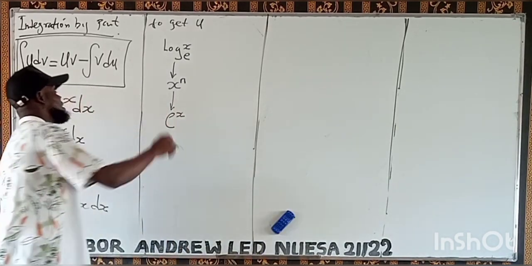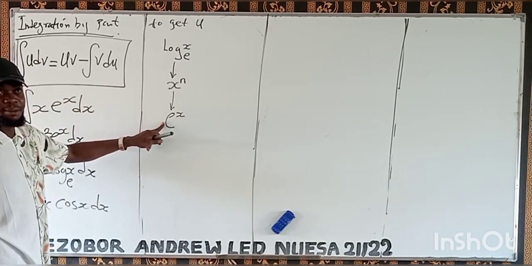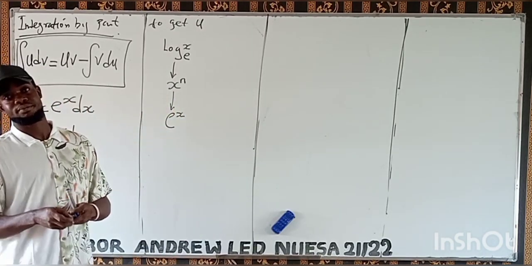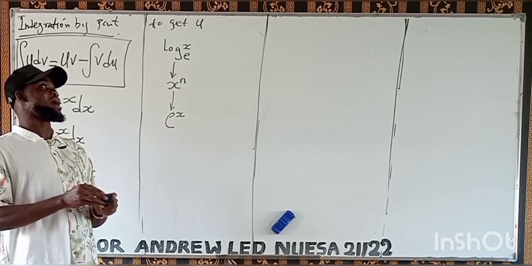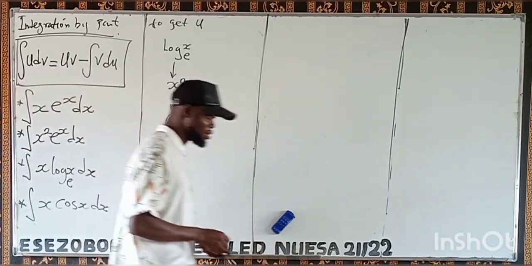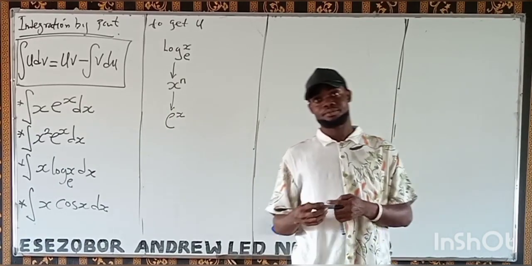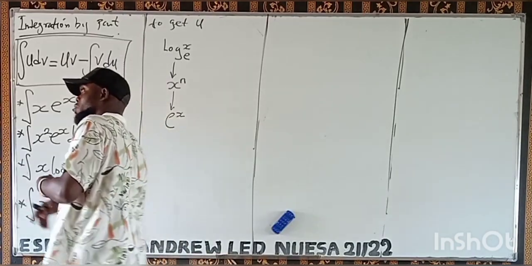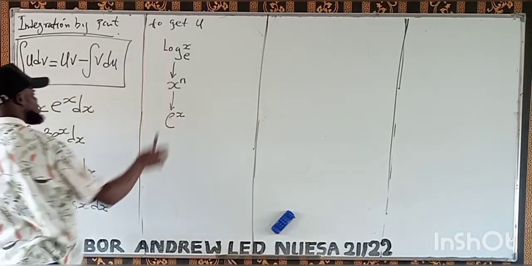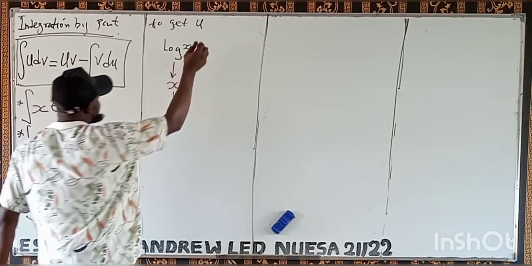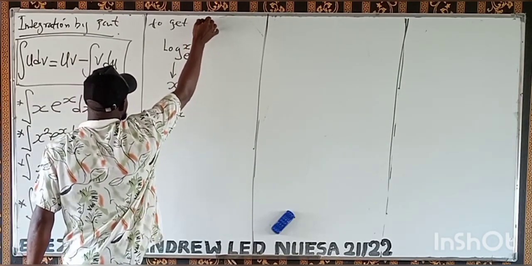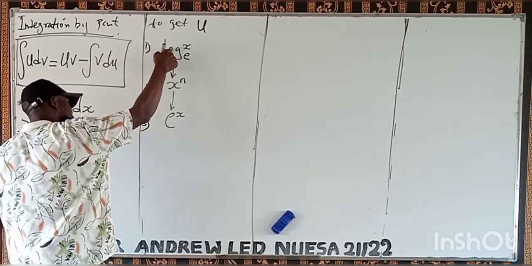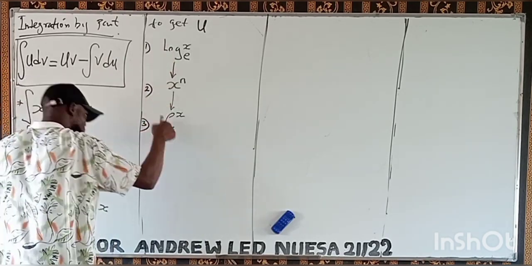If this one is not there, then you check if you have exponential x. If none of these are present, it shows that it is not integration by parts, so you can use another way to unravel it. Or you just choose the one you like, but these are the ones you should take as your u. This is the first one, the second one, the third one. If this one is not there, you take this one; if this one is not there, you take this.